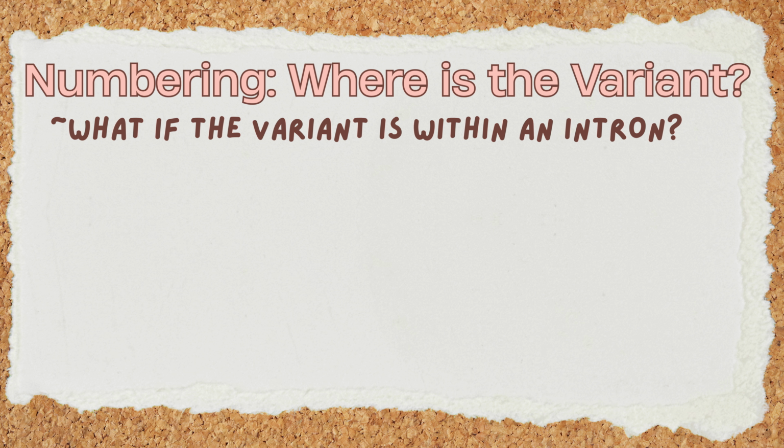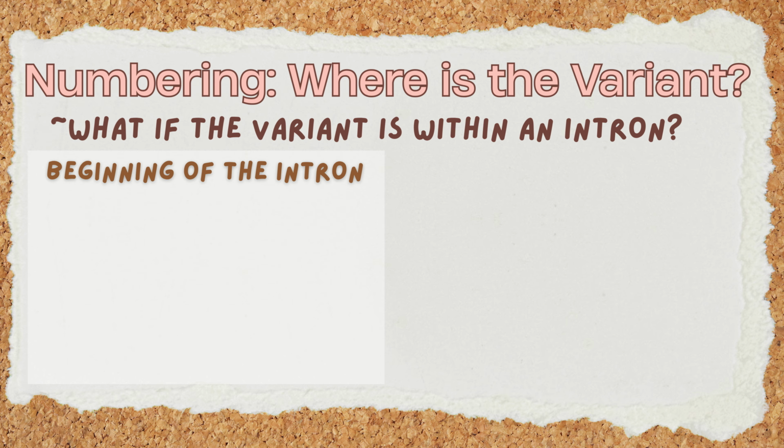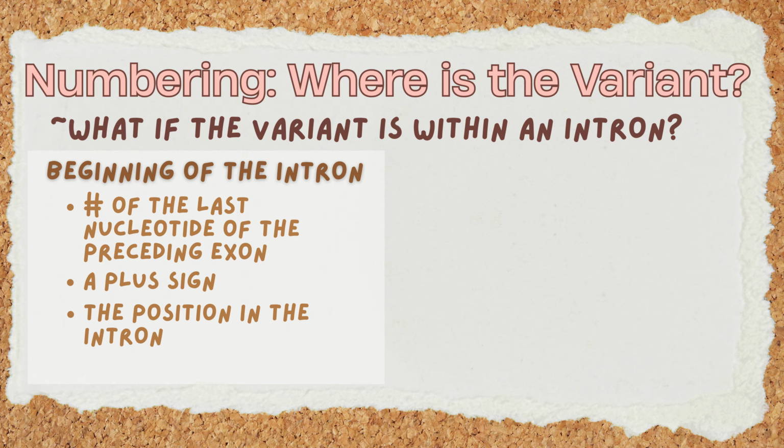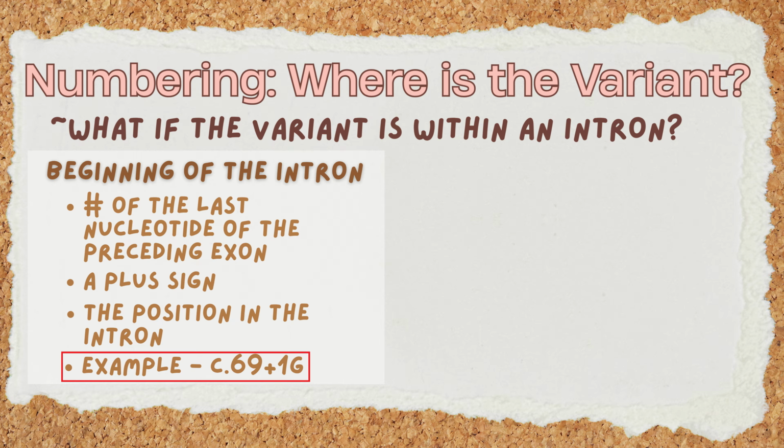What if the variant is within an intron? Instead of starting fresh, we describe it relative to the nearest exon. So the beginning of the intron is written as the number of the last nucleotide of the preceding exon, a plus sign, and the position in the intron. For example, c.69+1G indicates one base into the intron after the exon.